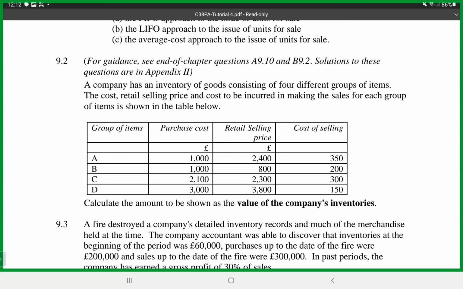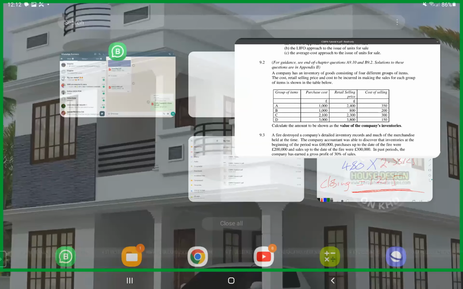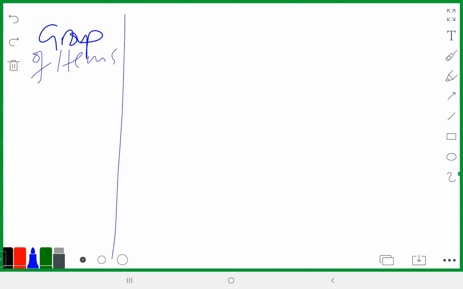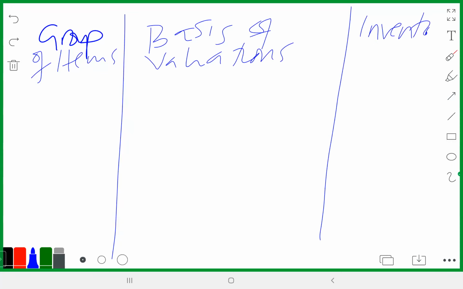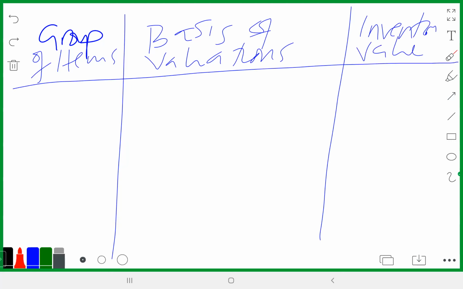So this is what happens. Let me just show you what you do. We have the group of items, then the basis of valuation, and then the inventories value that you need.